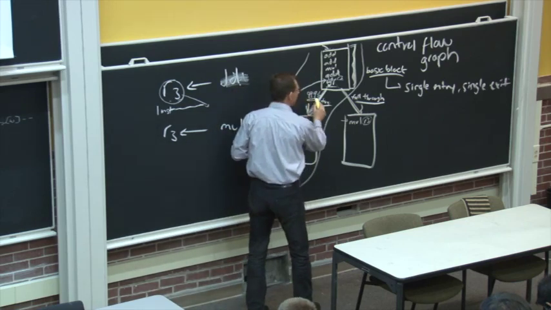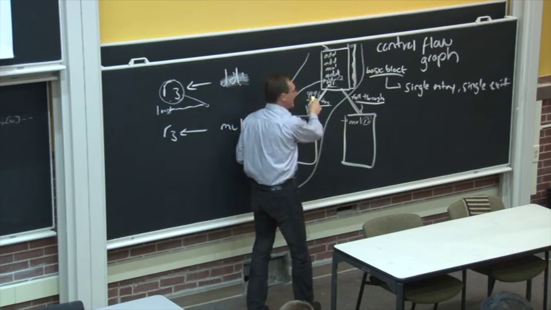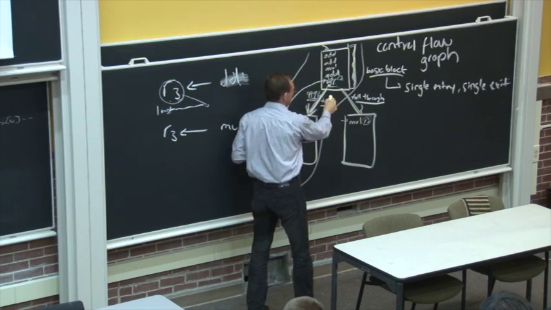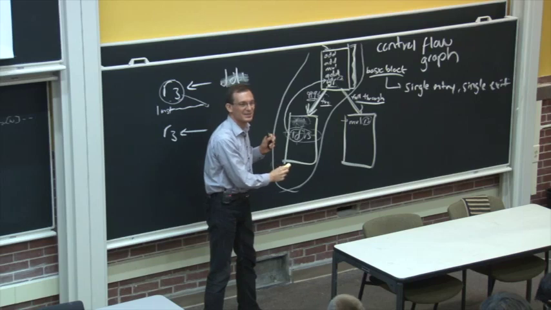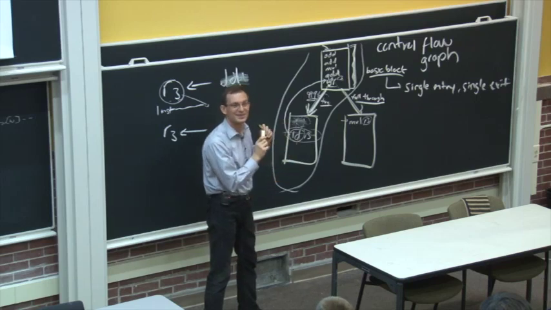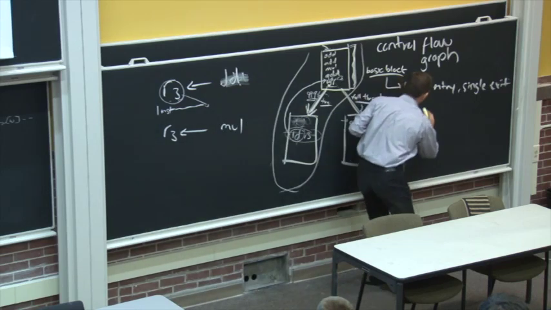And how does the compiler determine that 99.9% of the time you execute this path? Any guesses? It's called profiling, right? The compiler can actually profile the code.